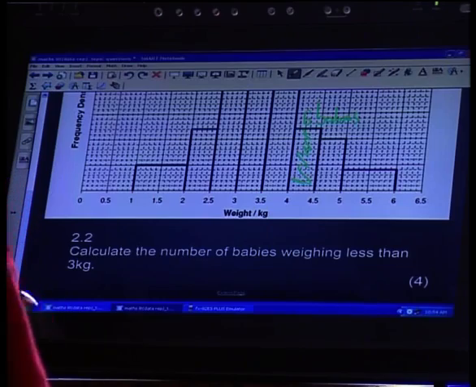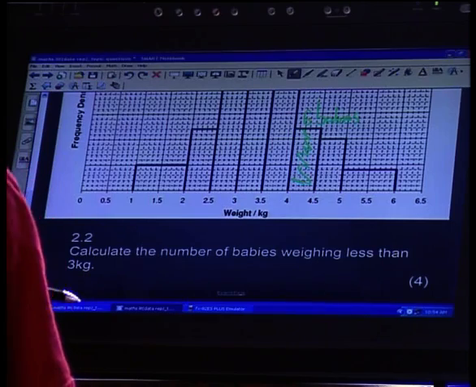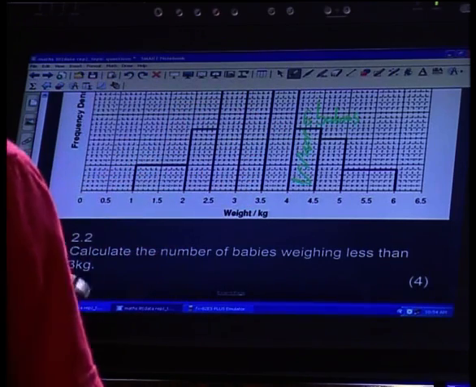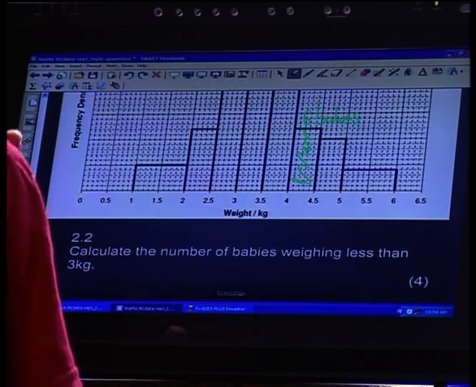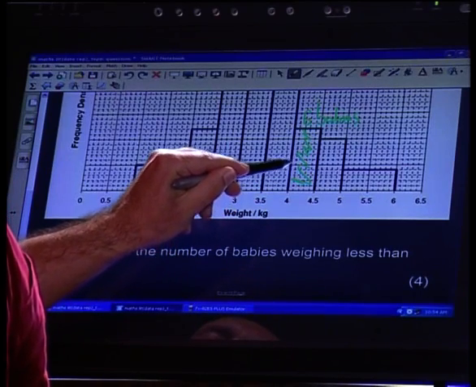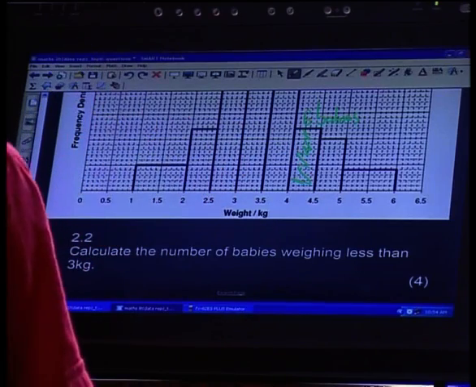So what I really want to know is how many of these little increments from the bottom all the way up is equal to 6 babies? Or even better, how many of those little bars do I need for 1 baby? Well, let's count how many we have here. We've got 1, 2, 3, 4, 5, 6, 7, 8, 9, 10, 11, 12 blocks.